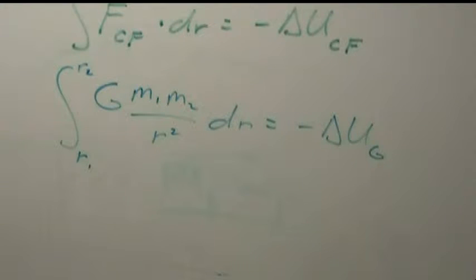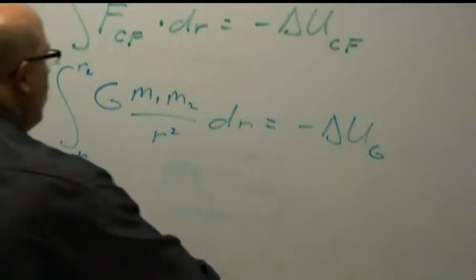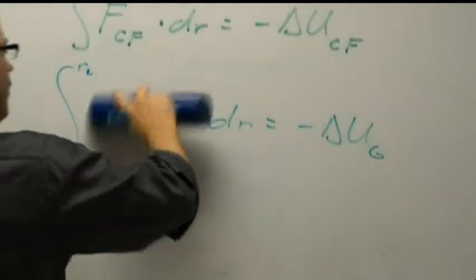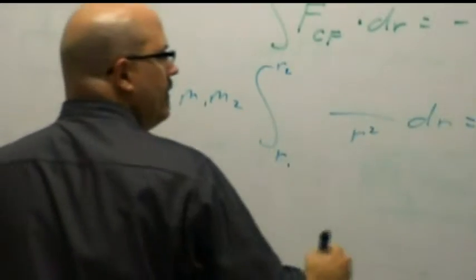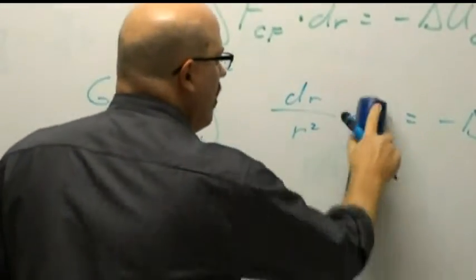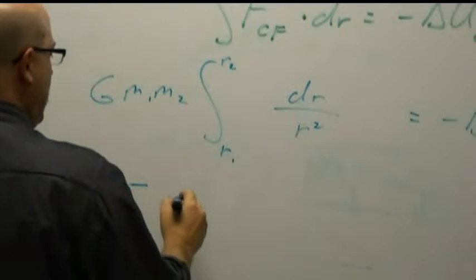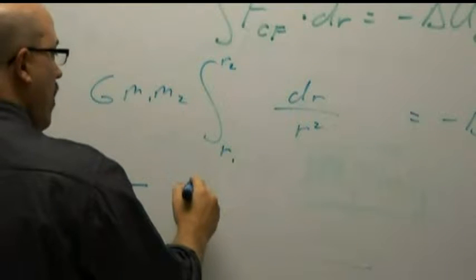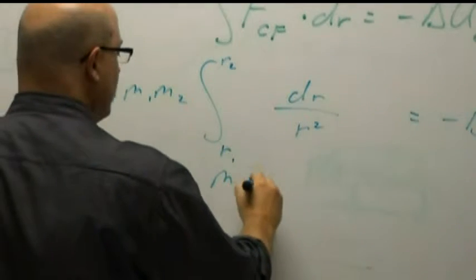Can't you just pull the G out in front of it? Yes. In fact, we can pull all this stuff out, and we end up with G m1 m2, so we get dr over r squared. What does that become? Negative 1 over r. I think your negatives are going to work.